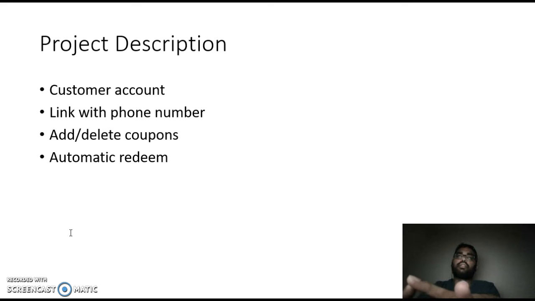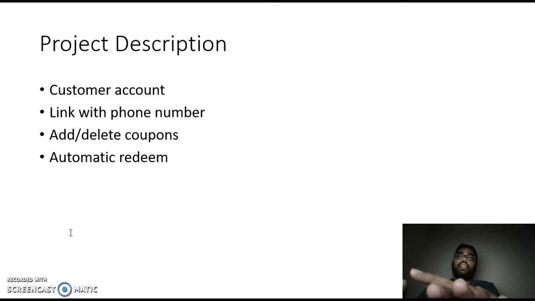Once the customer selects this at the checkout, they will have the option to automatically retrieve the coupons they have in their account, and they can choose where the coupons can be applied and decide which coupons they want to use.